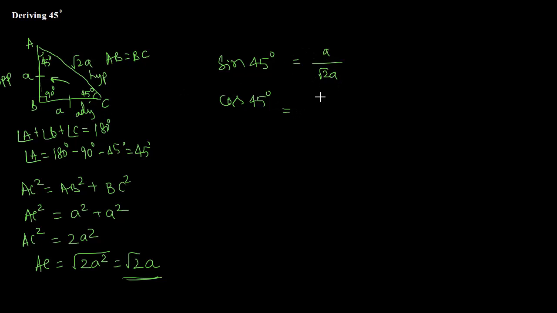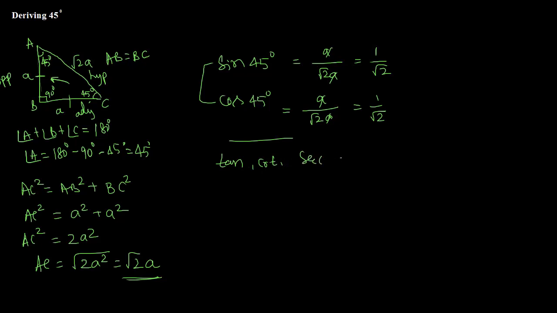Cos 45 is again a, adjacent, over root 2a. a gets cancelled in both cases, which leaves us with 1 by root 2, 1 by root 2. Similarly, like what we did in the previous section for deriving 30 and 60, you can use these two as the relationship to find tan, cot, secant and cosecant.